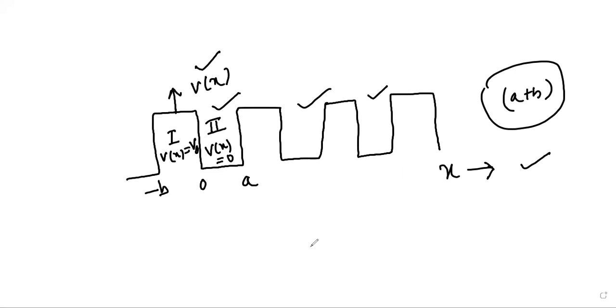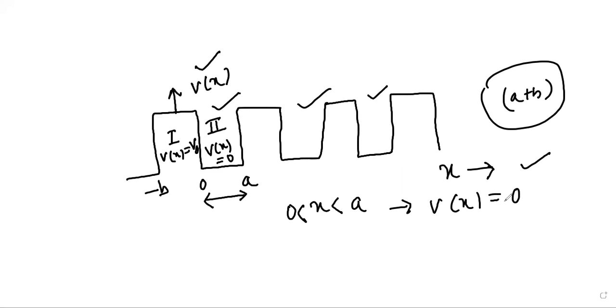At the bottom of a well, where x lies between 0 and a, the electron is assumed to be in the vicinity of a nucleus, and the potential energy is taken to be 0. So V of x is 0.